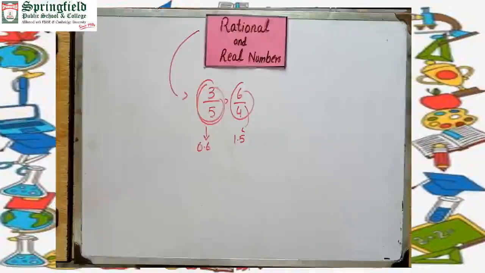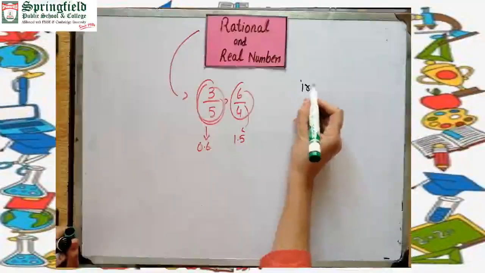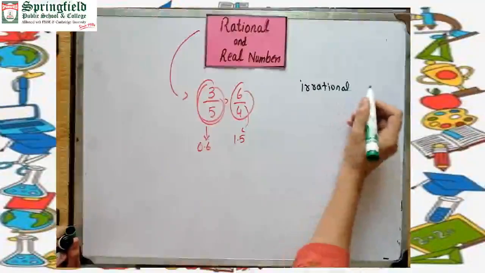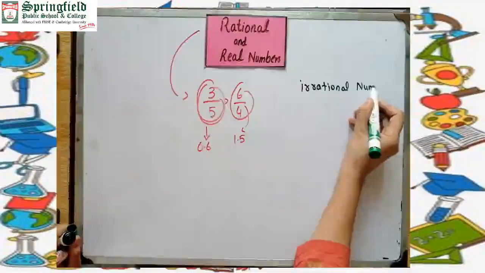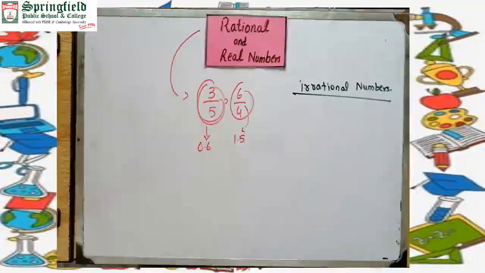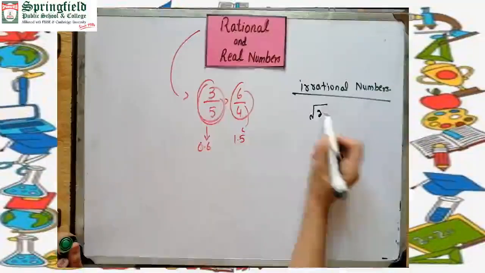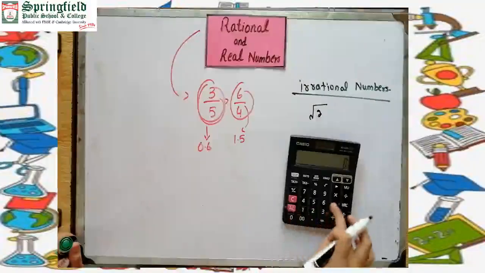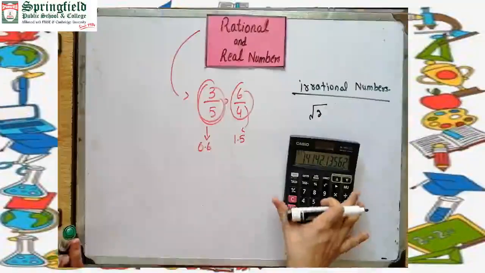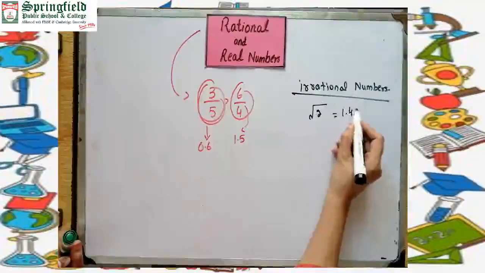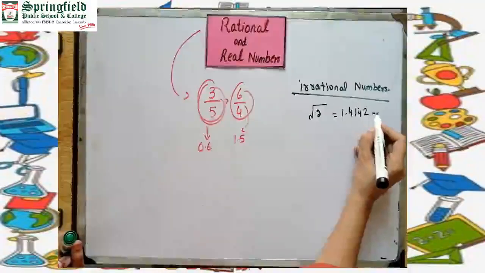Irrational numbers are numbers that cannot be terminated. Let the number be under root 2. What will be the value of under root 2? 1.4142 and so on.